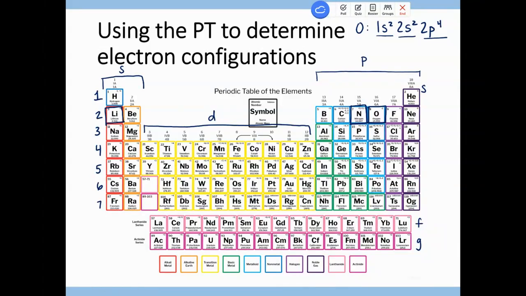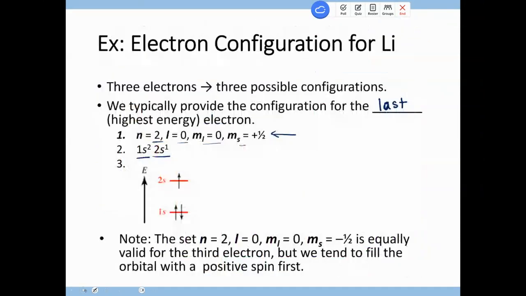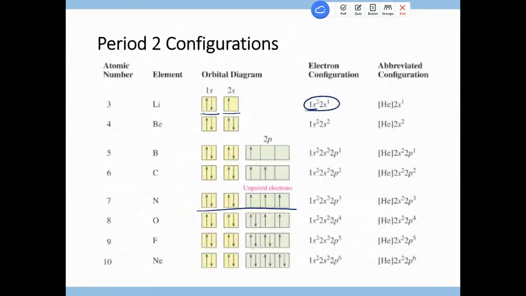So 2 because we're in period 2, and p because it's on the right side of the periodic table. So if we look at the electron configuration here, we have full 1s shell, full 2s shell, and 3 electrons in the 2p shell. Orbital diagram, full 1s shell, full 2s shell, and then 3 electrons in the 2p.